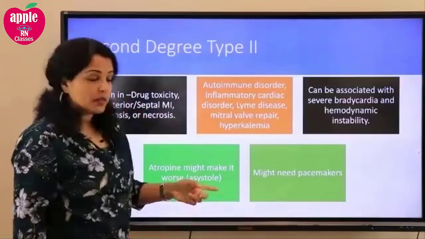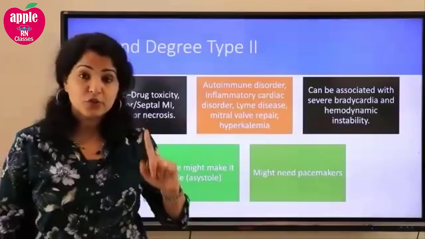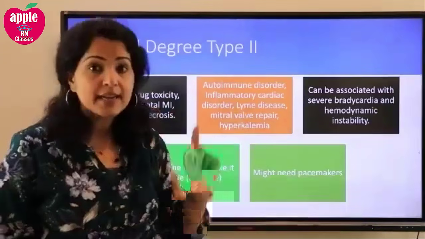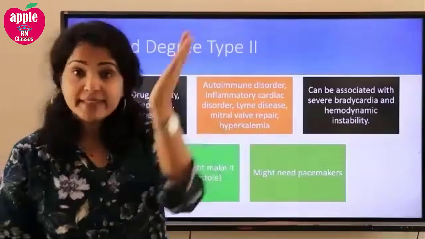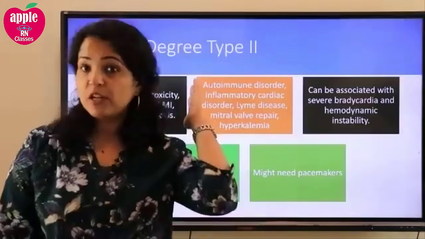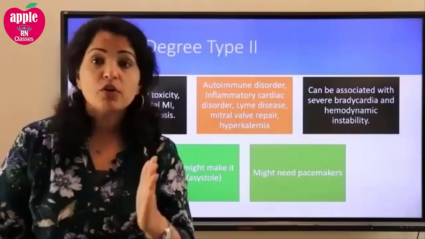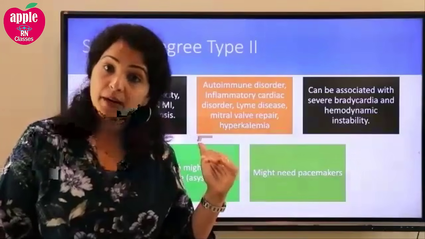And these people, we don't want to give them atropine. Remember, atropine is only for second degree type 1. For second degree type 2, we will not do any counseling. We will go direct to the pacemaker. That's what they need, because we don't want to take the chance of complete heart block.